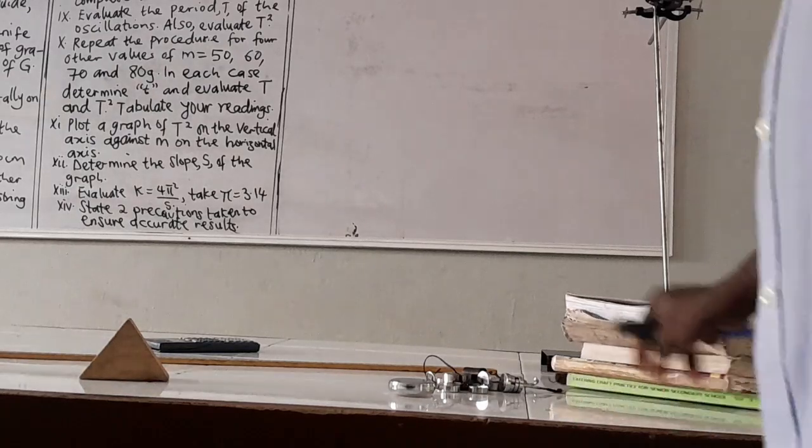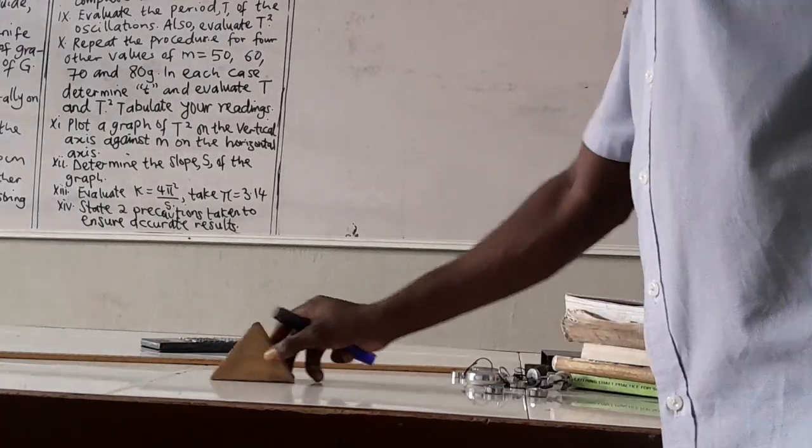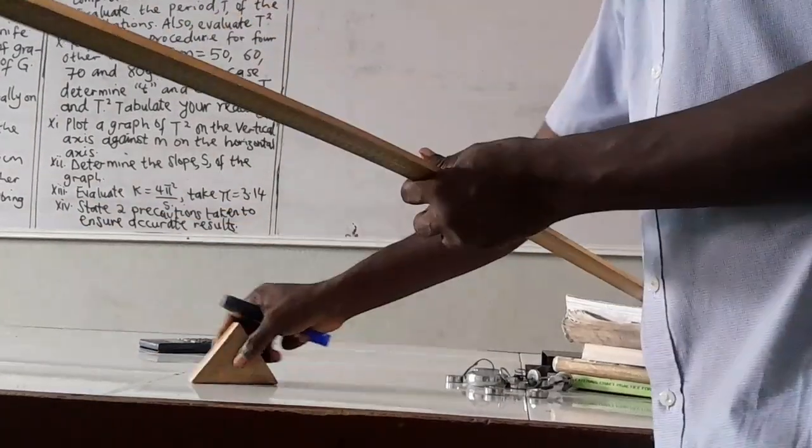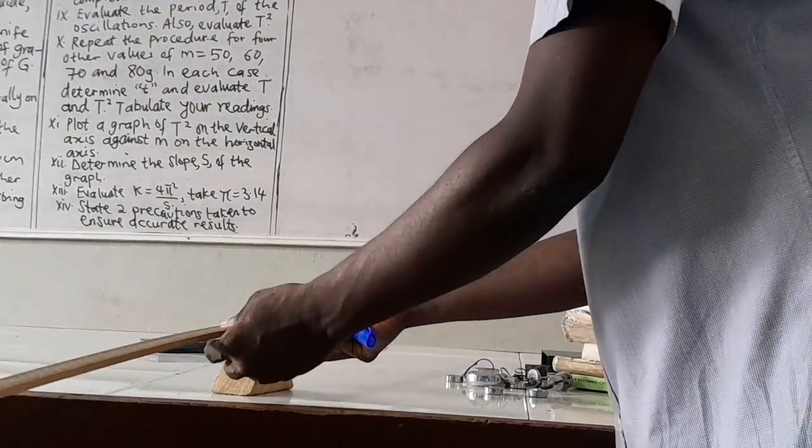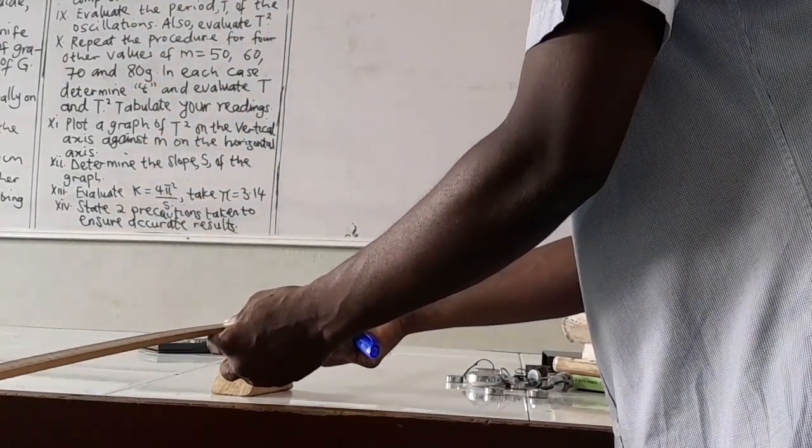Okay, let us determine the center of gravity. So let's place my knife edge, then I'll place this on top of the knife edge and try to balance it horizontally.